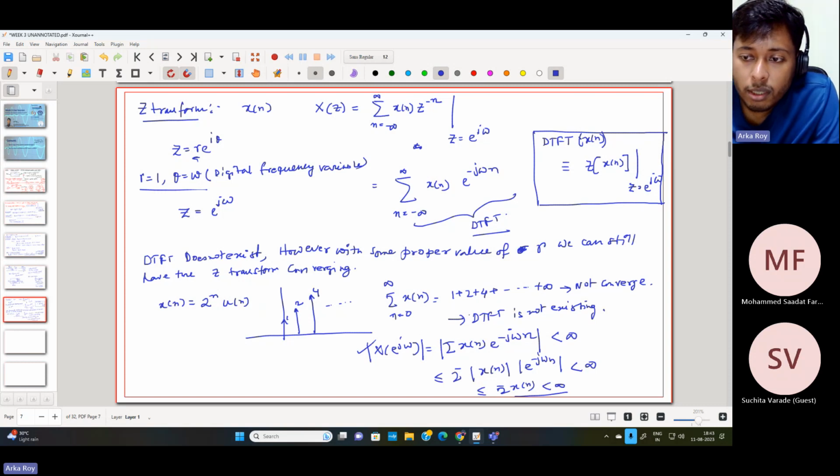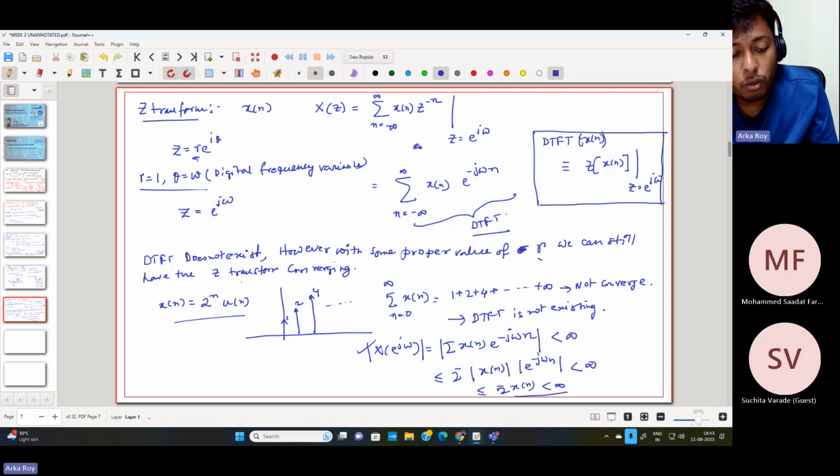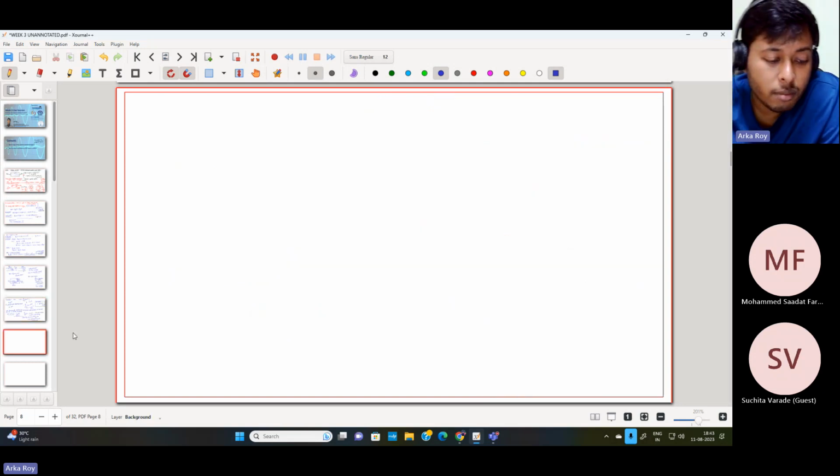So with this application, we can see that the DTFT of this particular sequence is not converging, but still, with the proper choice of R, we can have the Z transform existing. So now we'll see the Z transform case.